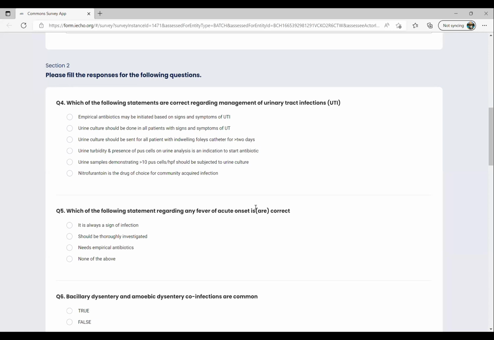So even with a high number of pus cells you don't need antibiotics. But if you have done a urine culture, you were suspecting an upper urinary tract infection, or the patient is a high-risk patient, and on urine culture you identify a pathogen with a colony count of more than 10 raised to the power of 5, then only treatment with antibiotics is required. Also, in asymptomatic patients, although you may find these pus cells and other things on urine analysis, if they don't have any symptoms, there is no need to start antibiotics.